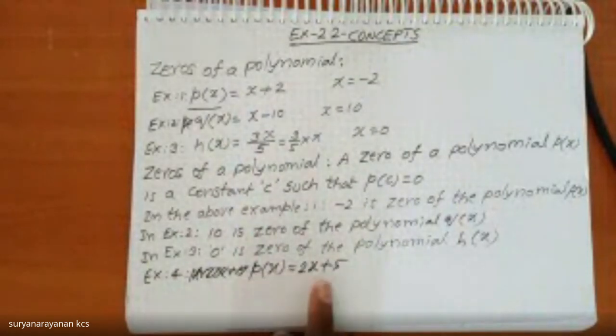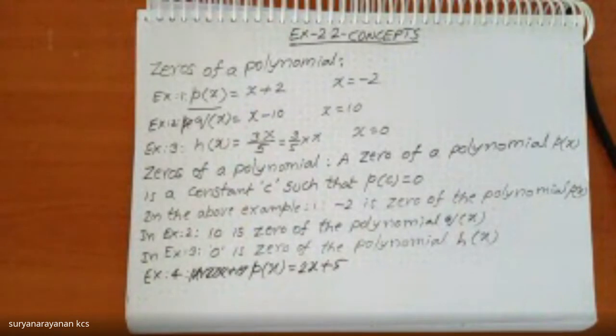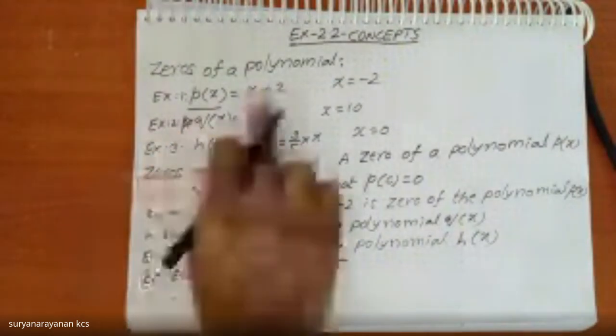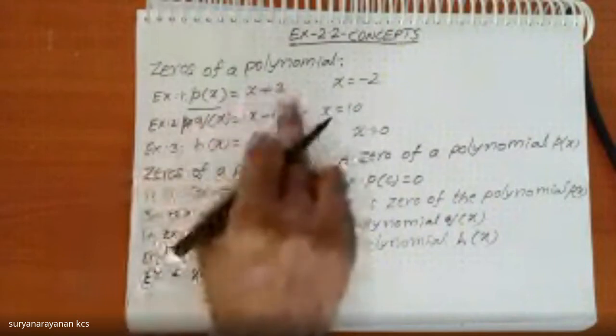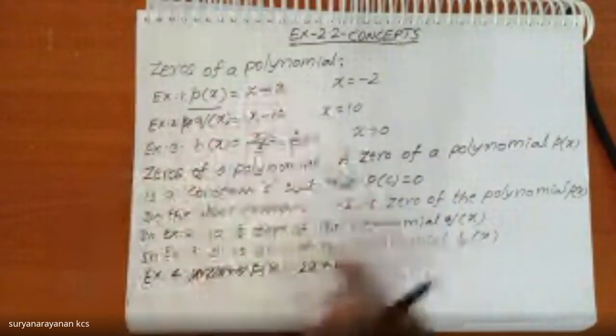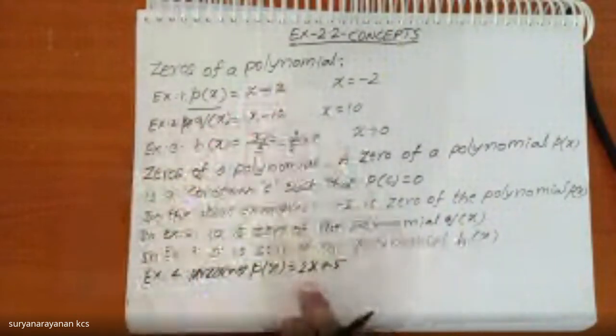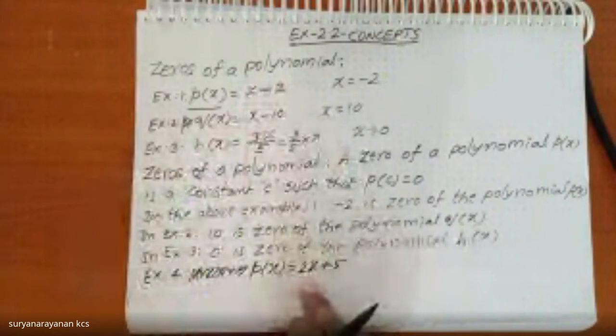Suppose this is a given polynomial. Then can you tell me what is the 0 of this polynomial? Can you use the trial and error method? It is a process. In this case, we can use the trial and error method.